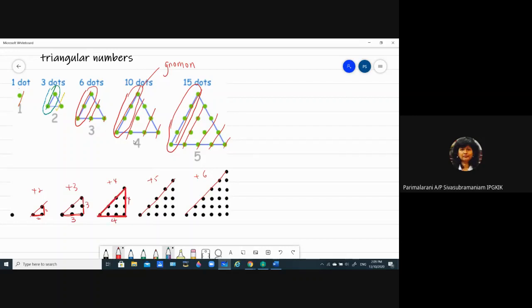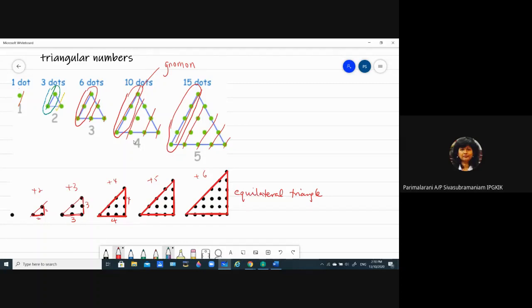So what kind of a triangle is this? 4, 4. This side and this side is the same. So what kind of a triangle is this? Equilateral triangle, correct?